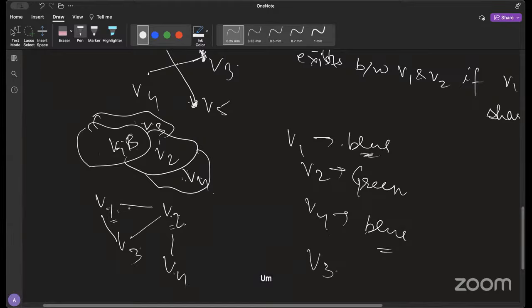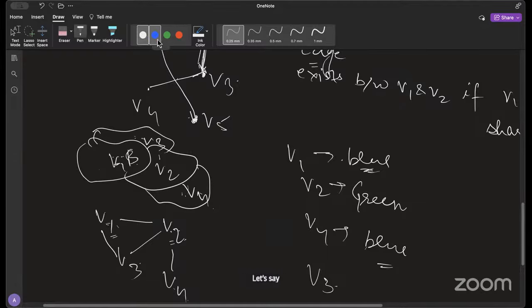Ma'am, can you describe it using colors so that we can learn it more easily? It will be more convenient. Yeah, okay, we'll do that. Let's say I've chosen blue color, and I'm using blue for this state. Now I fill the entire thing with blue.